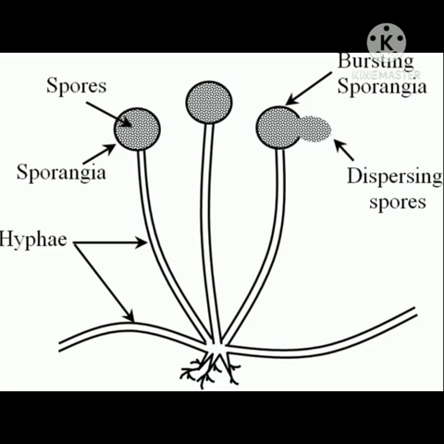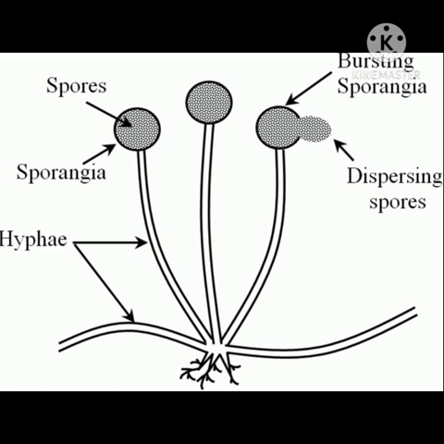Each spore is a tiny spherical unicellular body which is covered by a hard protective layer to withstand unfavorable conditions such as high temperature and low humidity.